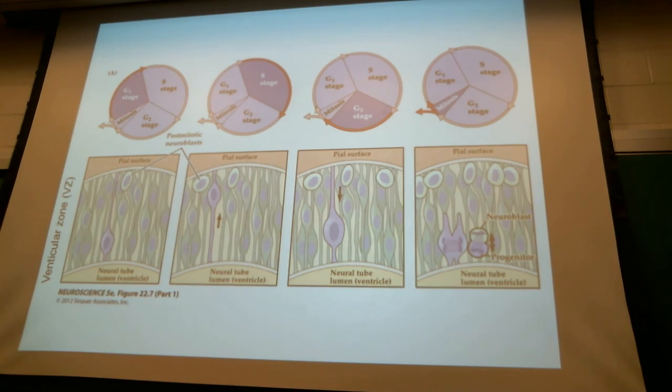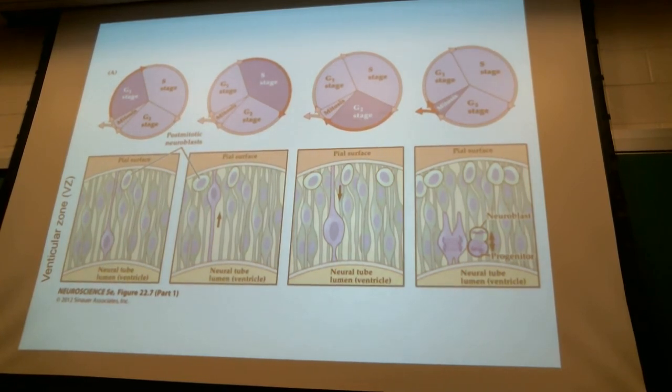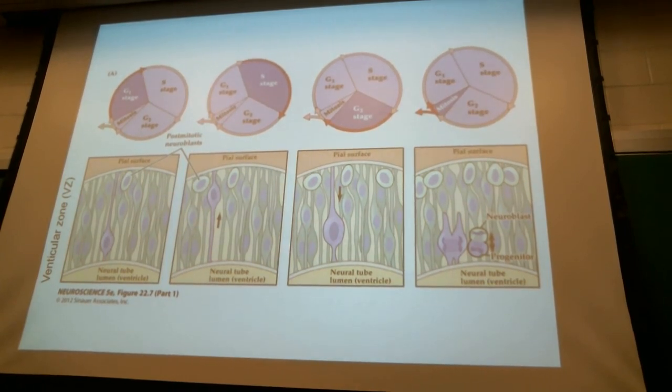Well, let's think about mitosis. There are several steps when you do mitosis. First thing they do is synthesize DNA. So they double the DNA, right? That's called S phase, S stage. And then there's a gap, and then they go through mitosis and divide.